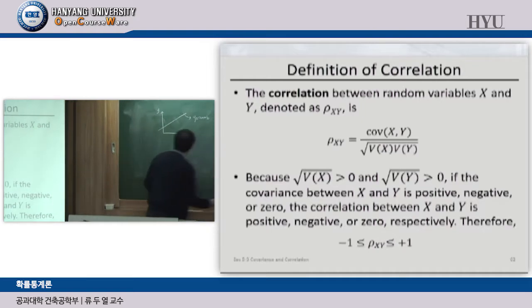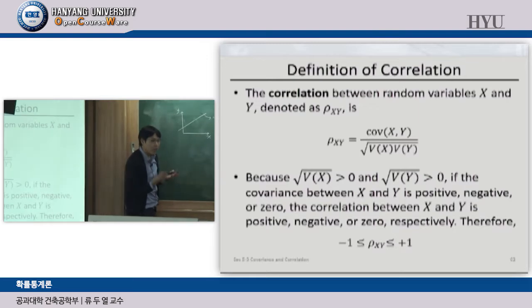And if the two random variables are exactly on this line, in this case, the rho xy is equal to +1. Okay? Because the two random variables have the linear relationship in the positive direction. So in that case, the rho xy is equal to +1.